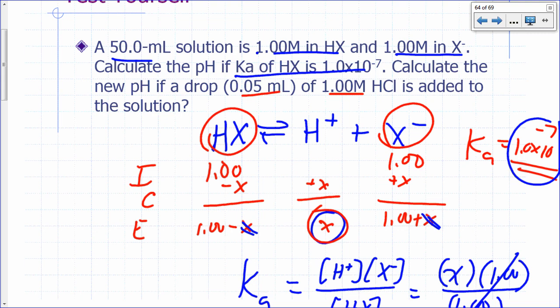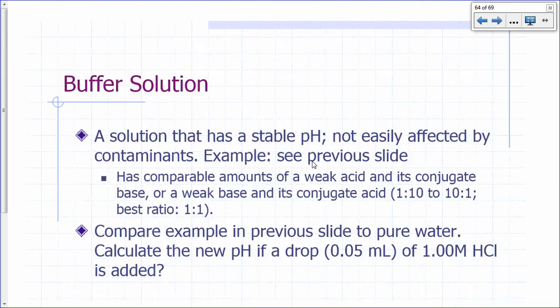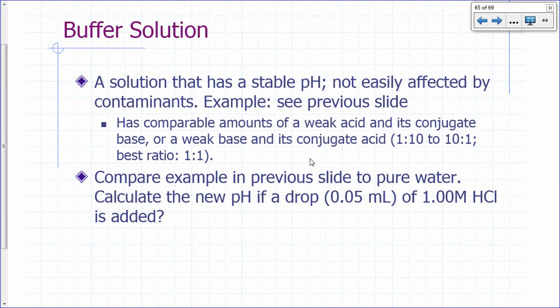It tends to be resistant to changes in pH by contamination. So this is what you would call a buffer solution. Okay, anytime you have a conjugate acid-base pair in solution that's in comparable amounts, then you have what's called a buffer solution. Okay, so a solution that has a stable pH is a buffer solution. It's not easily affected by contaminants.